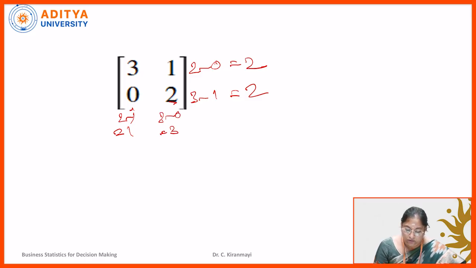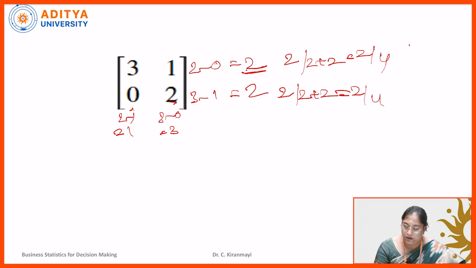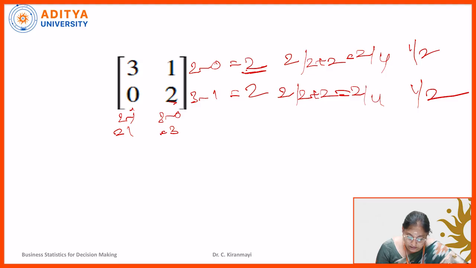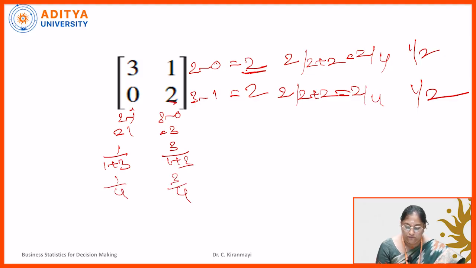Now, the strategy for player A is 2 by the sum of 2 plus 2, that is 2 by 4, and it is also 2 by 4, that is 1 by 2, 1 by 2. And here it is 1 by 1 plus 3, and 3 by 1 plus 3, that is 1 by 4, 3 by 4.